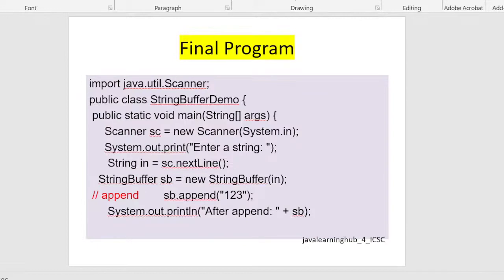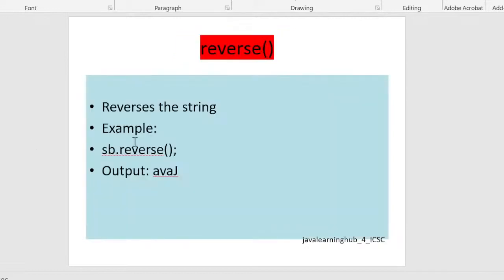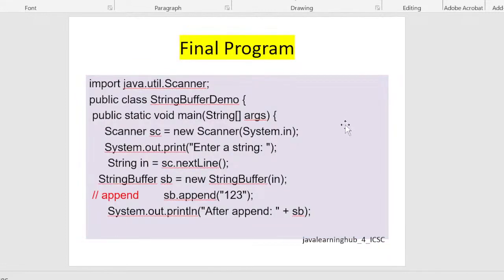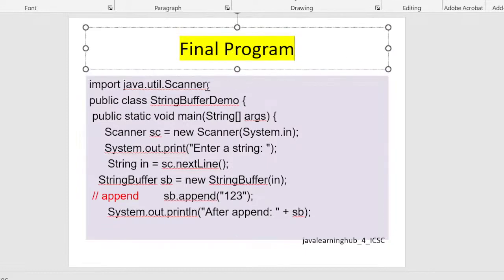I hope all the methods are clear and you will be in a position to write them. Before we end, let us see a simple code, a demonstration for using StringBuffer methods. Here we are importing the util package because I want to write my code using Scanner.